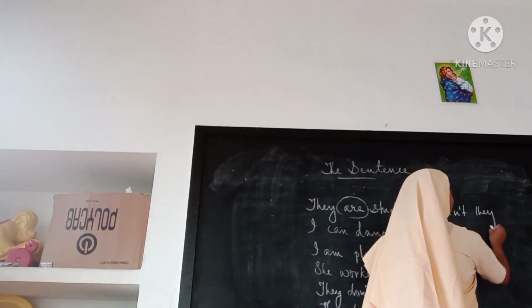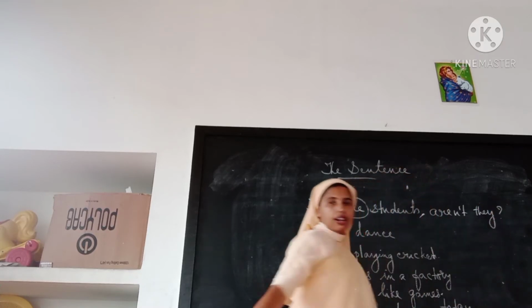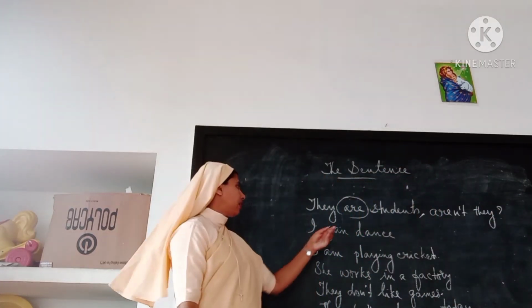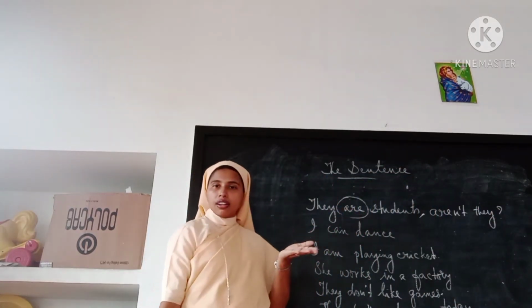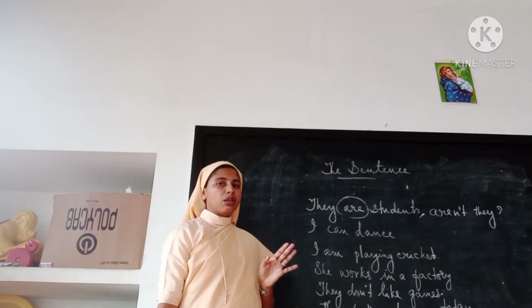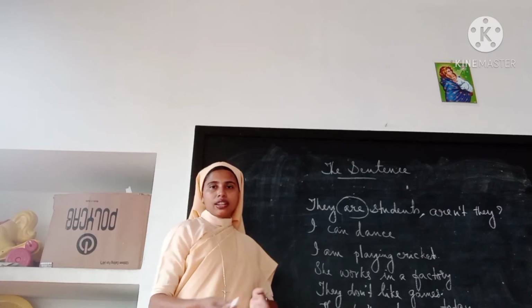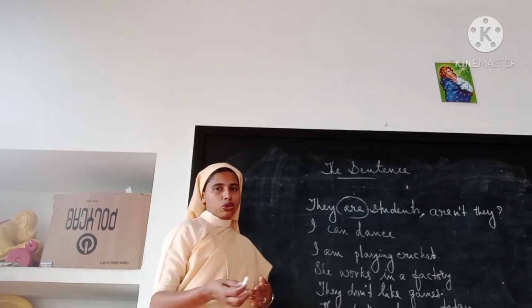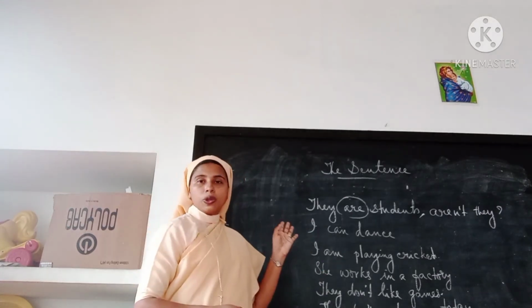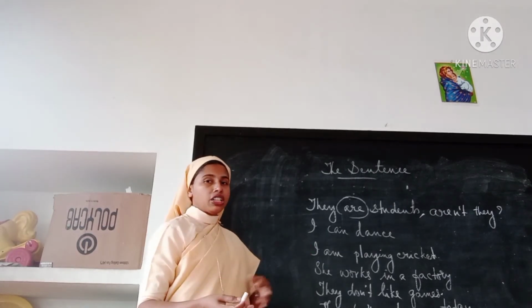Aren't they? That's the question tag. They are students, aren't they? We use it in Malayalam also. In such a way we use it in Malayalam also. That is called a question tag. It is only for confirmation that we use it.